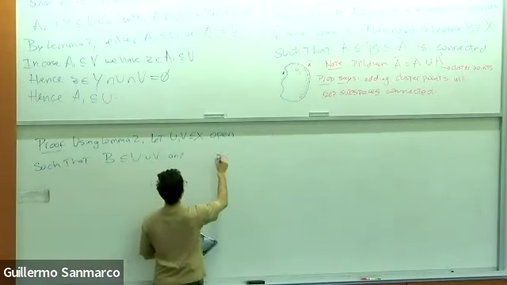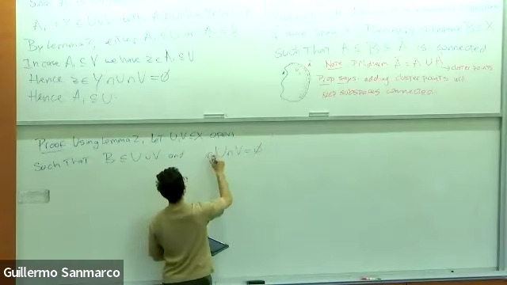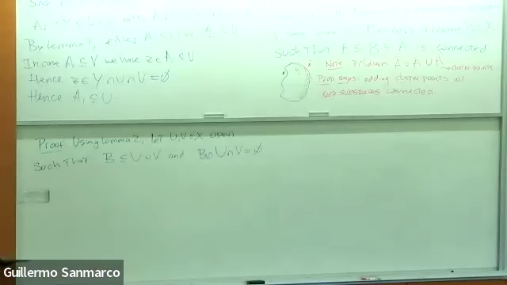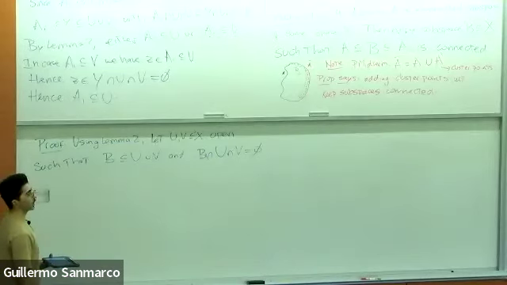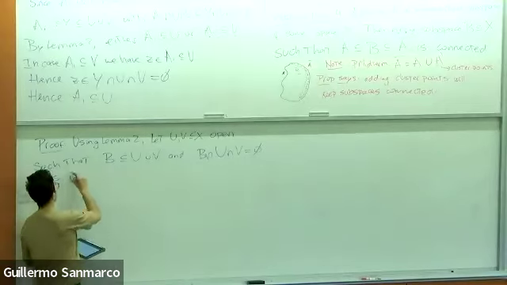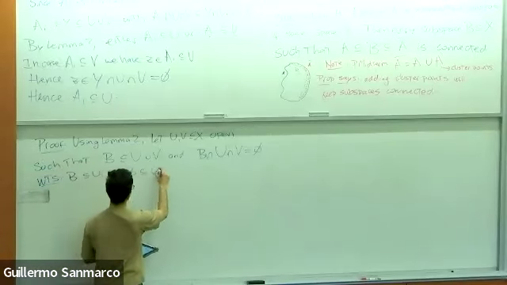And U and V maybe don't intersect trivially, but they do when you also intersect them with V. So at some point, we want to show that either V is inside of U or V is inside of V.